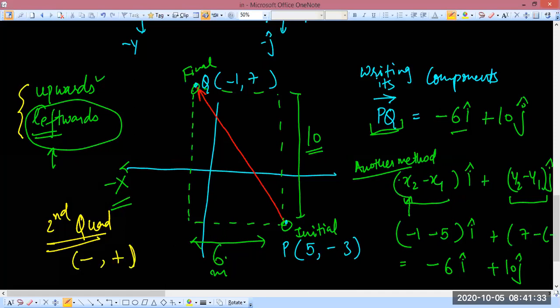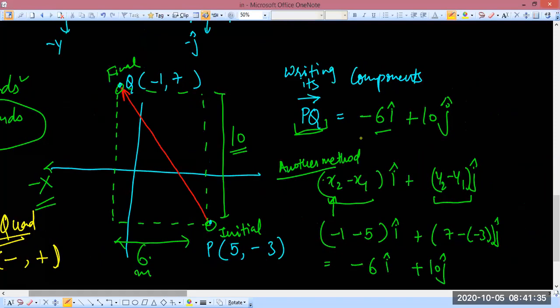That's what you have been taught. Have a look here. X component negative, y component positive. So I hope your intuition has developed, your ideas have become more natural, right?